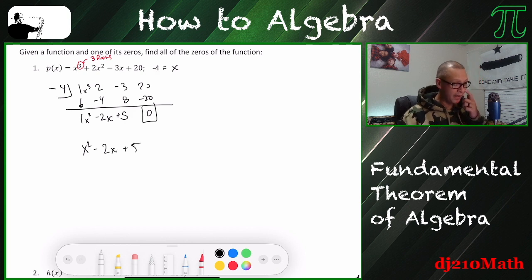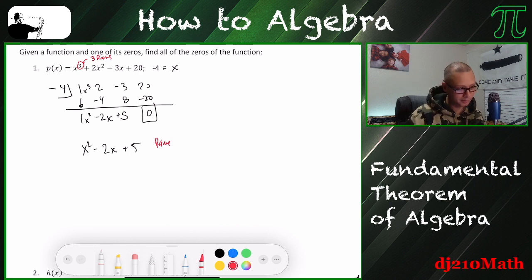We see if we can factor it, because we're still trying to find the zeros. Numbers that multiply to make 5 and add up to 2 are basically just 1 and 5, so that's not going to work. So we call this a prime quadratic. Think about what prime numbers are: prime numbers can't be factored.